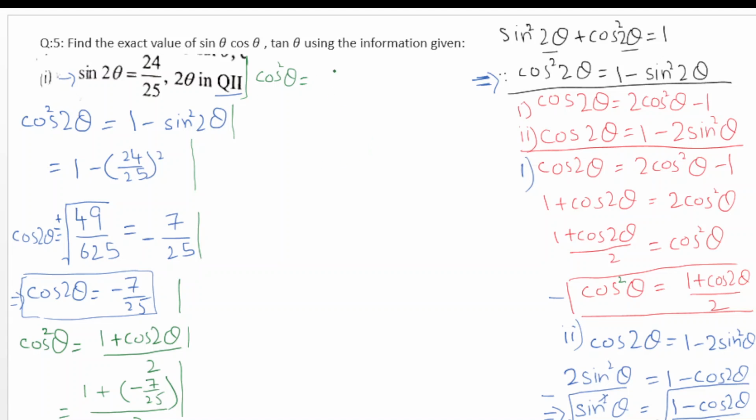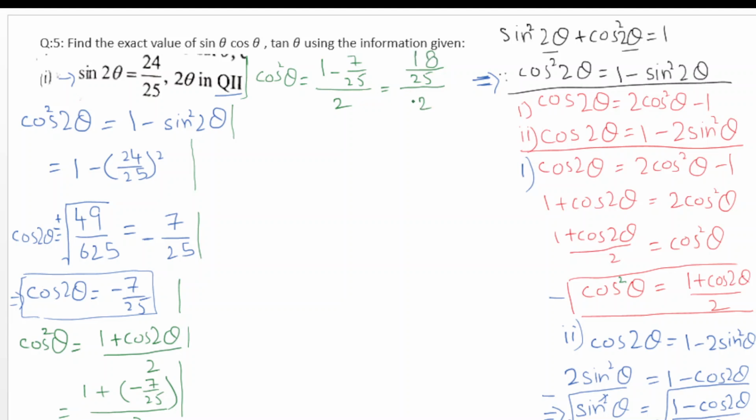So here it will be 1 minus 7 by 25 over 2. So that will be 25, that's the main fraction. So 25 minus 7 will be 18 by 25 here too.